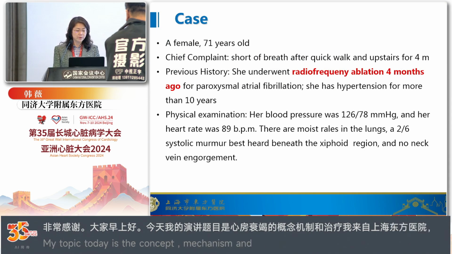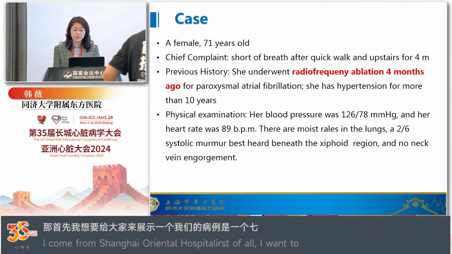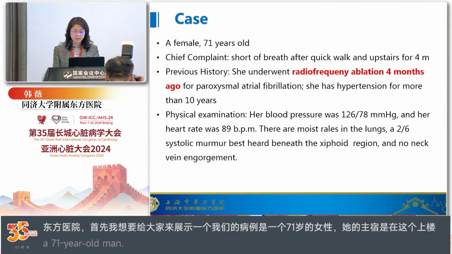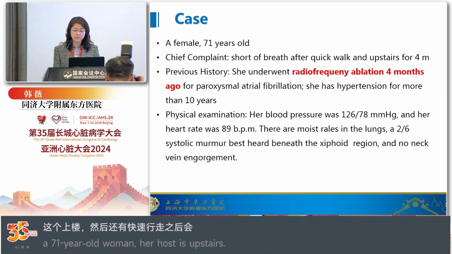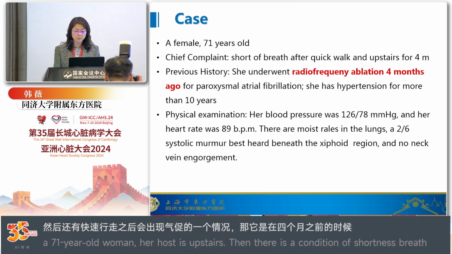She is a 71-year-old female who complained of shortness of breath after exertion. She underwent radiofrequency ablation 4 months ago for atrial fibrillation, and she has had hypertension for more than 10 years.